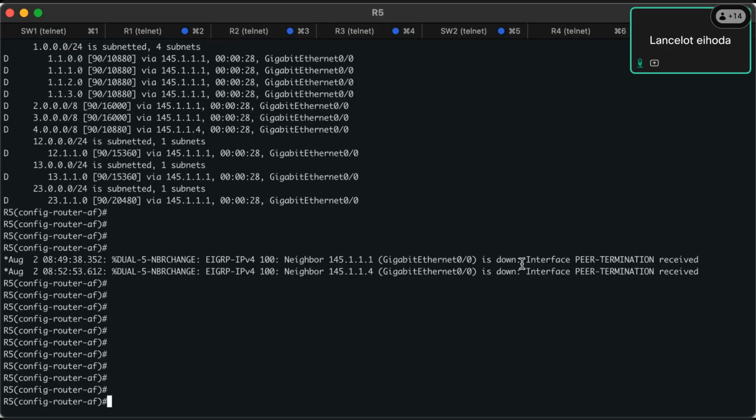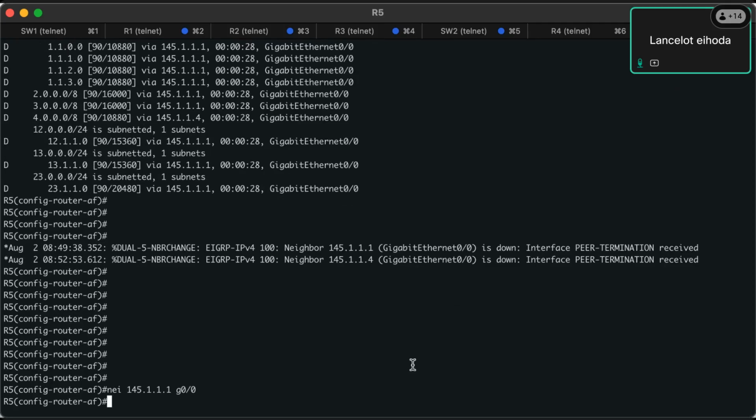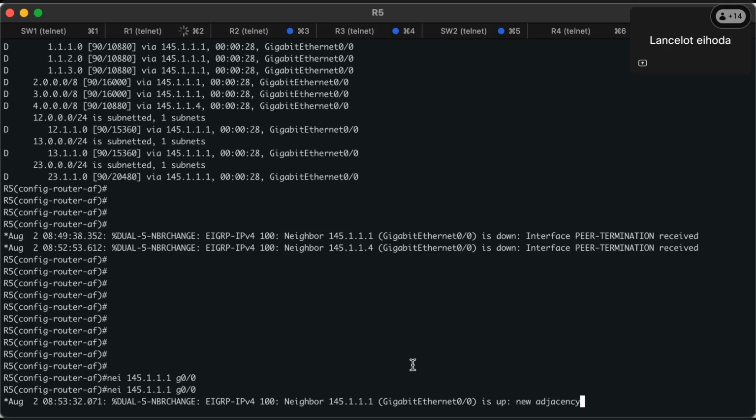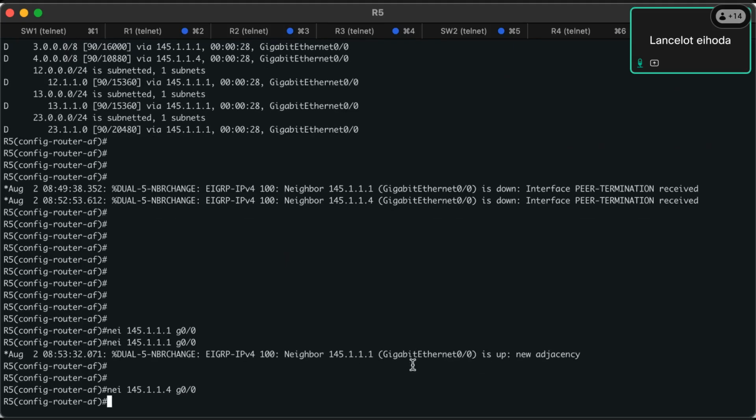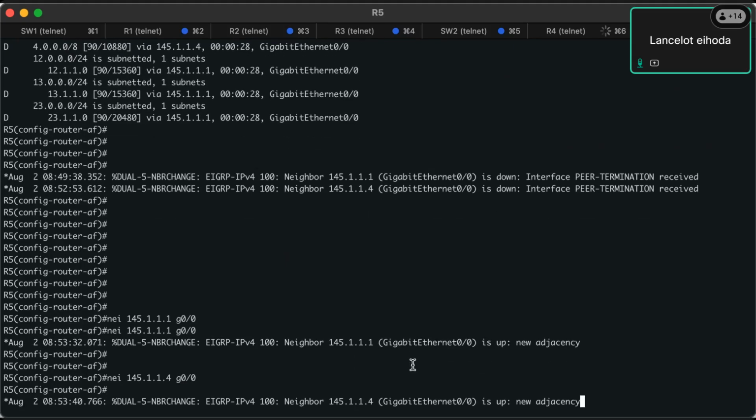I think we are still in the same address family, so the only thing we need to do is specify the neighbor 145.1.1.1 on the G0/0 interface. They should bring their backup.